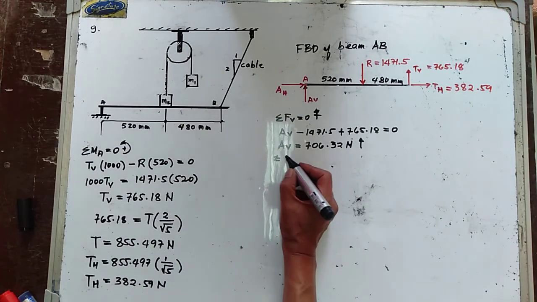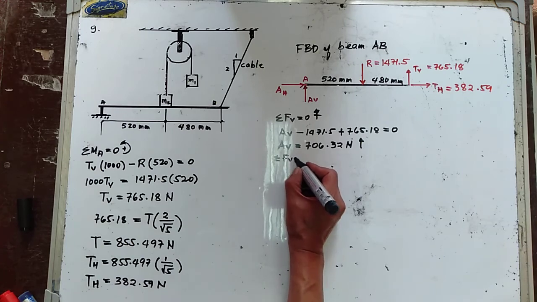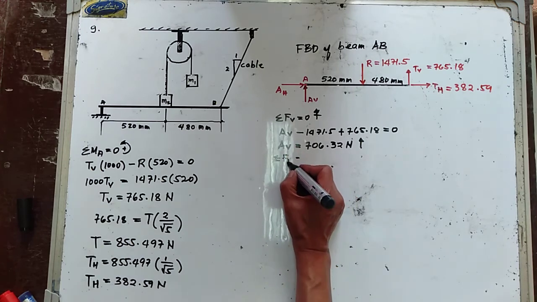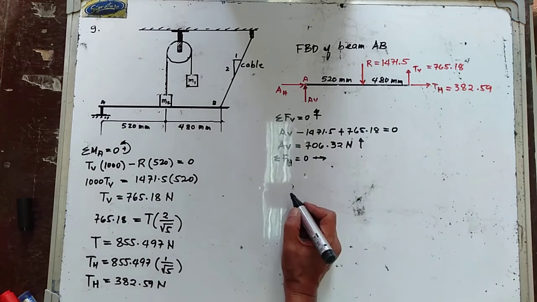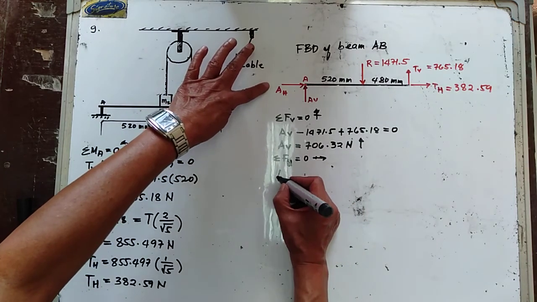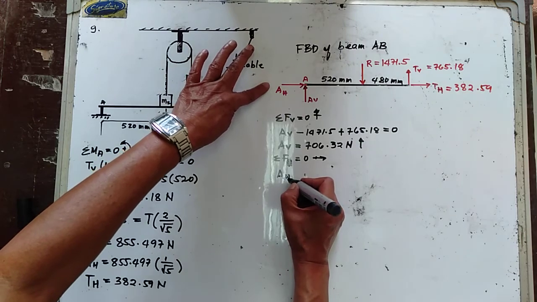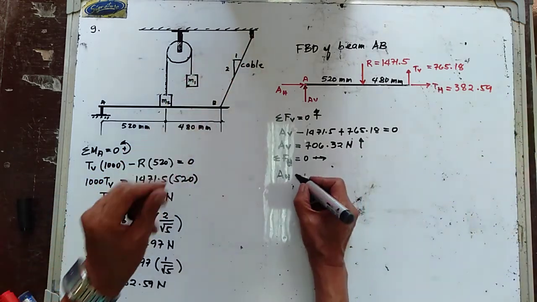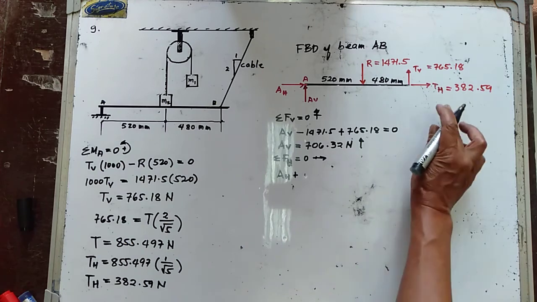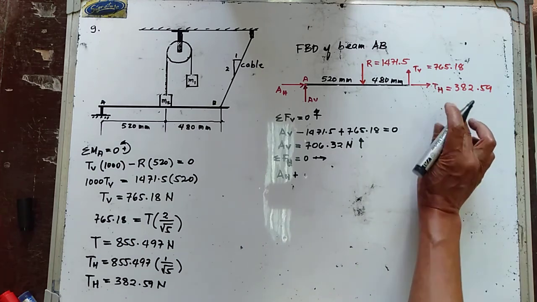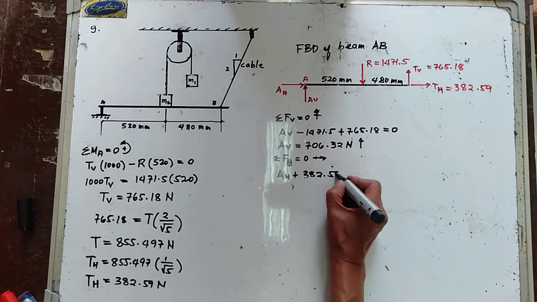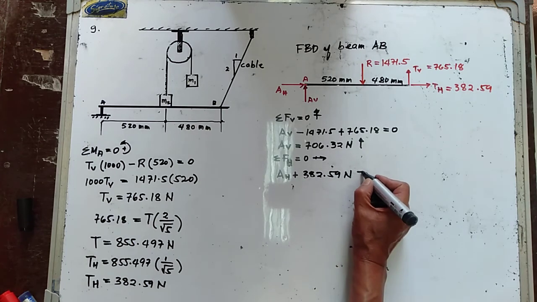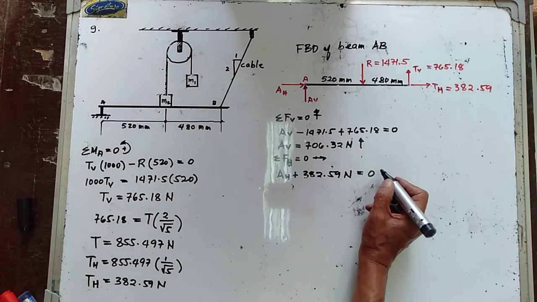Summation of forces horizontal is equal to 0, to the right forces positive. So your A horizontal plus TH, and the value of TH is 382.59 newtons, and that one is equal to 0.